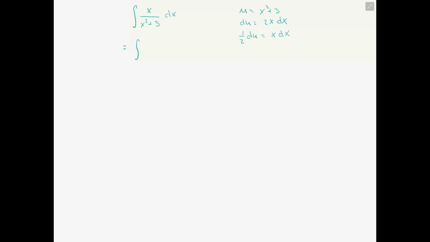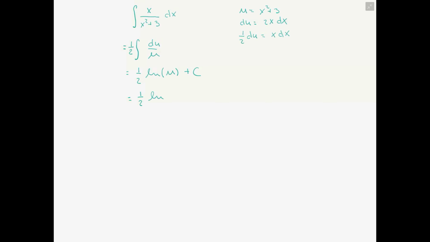So we go u equals x squared plus 3, and du equals 2x dx. And so we have 1/2 du equals x dx.